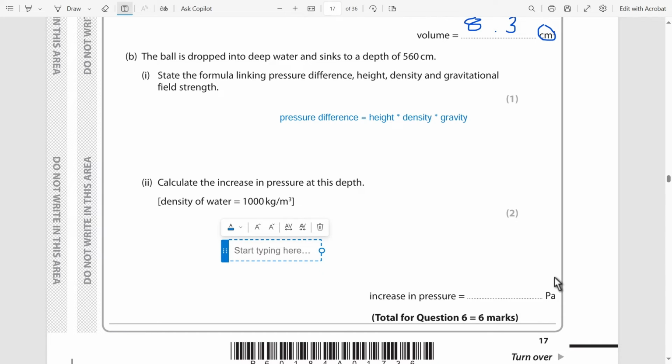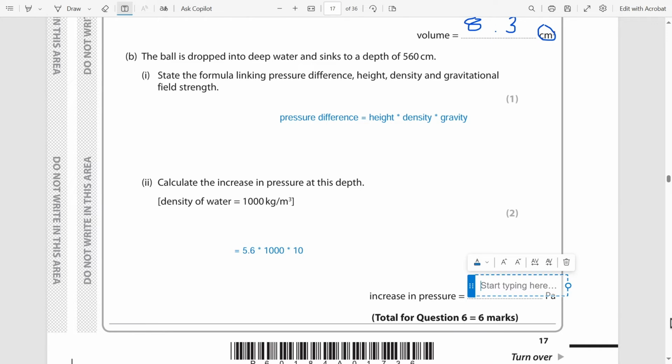The increase in pressure is going to equal 5.6, because we need to divide by 100 to get meters, 5.6 times 1000 times gravity, which is 10, and that's going to equal 56,000 pascals.